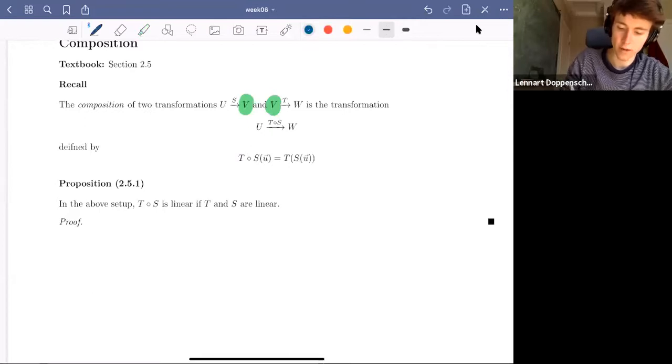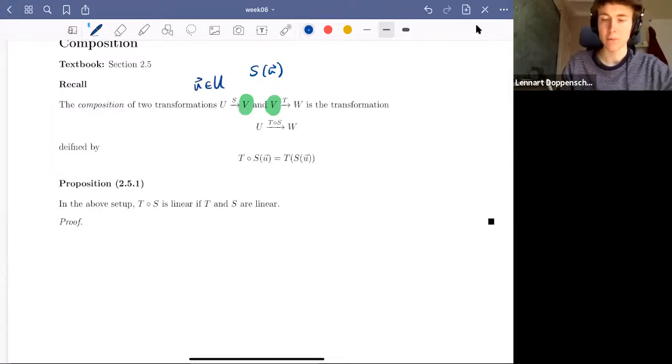So when you have S of u for u in U, you're able to apply T to the result of S. So this means you can write T of S of u.